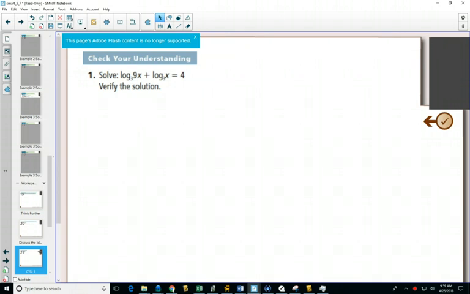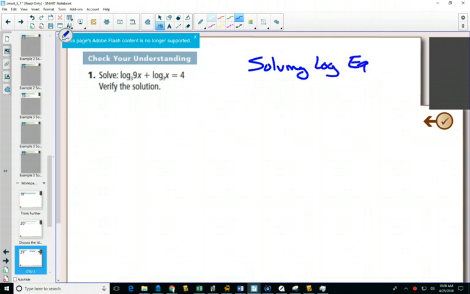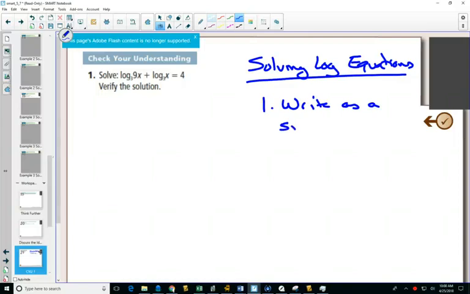And our steps for solving logarithmic equations: step 1 is to simplify. Write as a single log, so you simplify things completely and get an equation with only one logarithm.